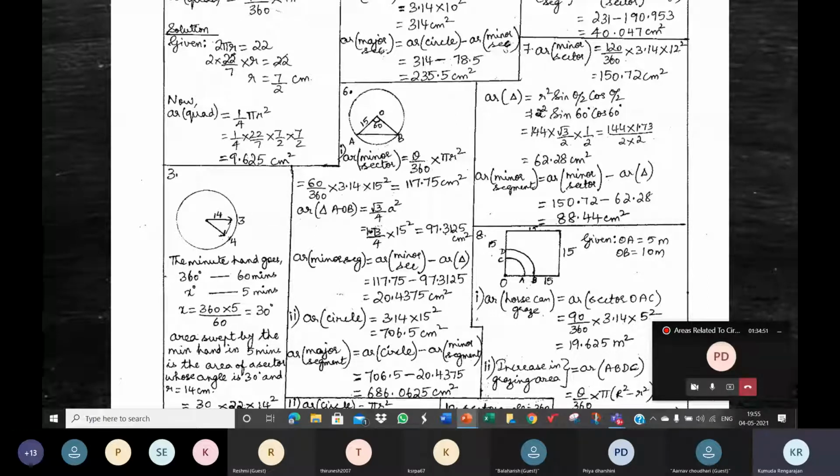When we complete trigonometry, I don't have to come back and tell you. You will understand on your own. You can relate it yourself, r square sine theta by 2 cos theta by 2, when we just start trigonometry. I'm not explaining the 7th one. There's nothing much in it. Read the question, see the answer, help yourself.